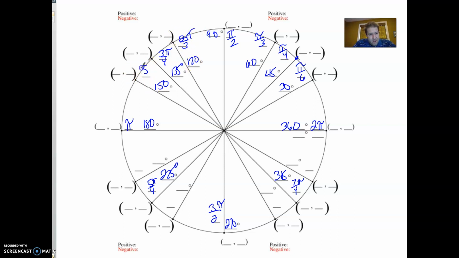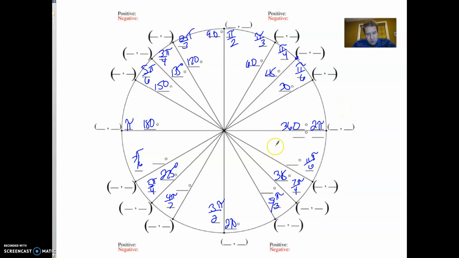This is 5/6 pi. 6/6 pi, this would be 7/6 pi. This would be 8/6, which is really 4/3 pi. 9/6 pi, 10/6 pi, which is really 5/3 pi. 11/6 pi. And then obviously 12/6 pi.